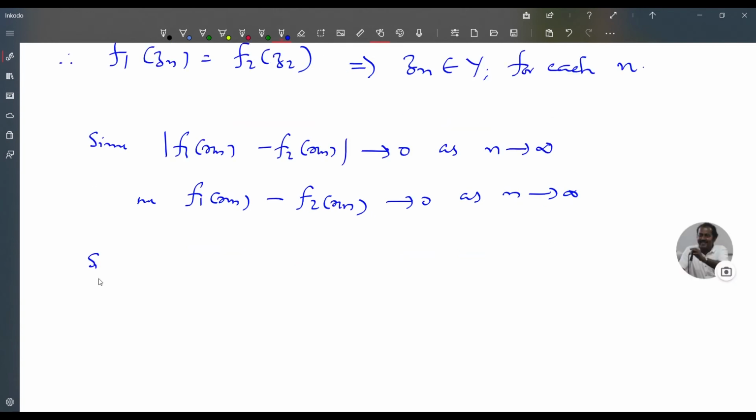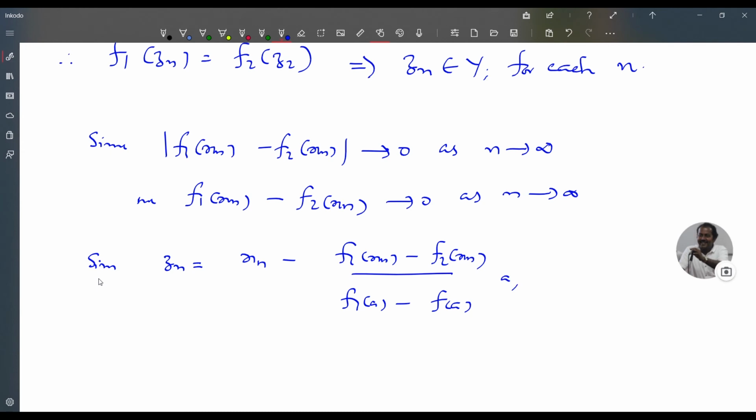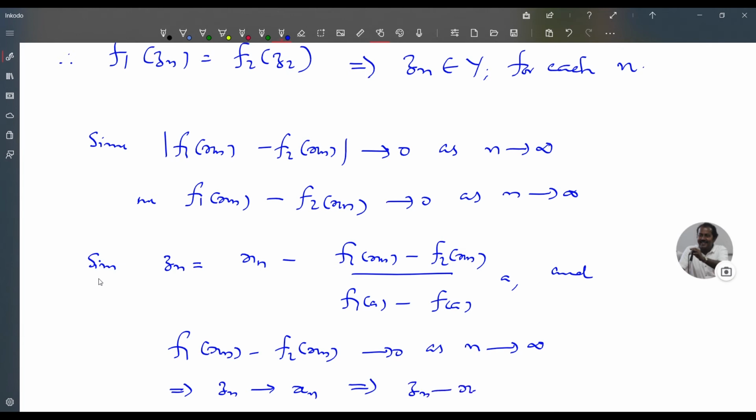Now since Zn equal to xn minus f1 of xn minus f2 of xn divided by f1 of a minus f2 of a into a, and this quantity tends to 0, this implies Zn minus xn tends to 0 as n tends to infinity.